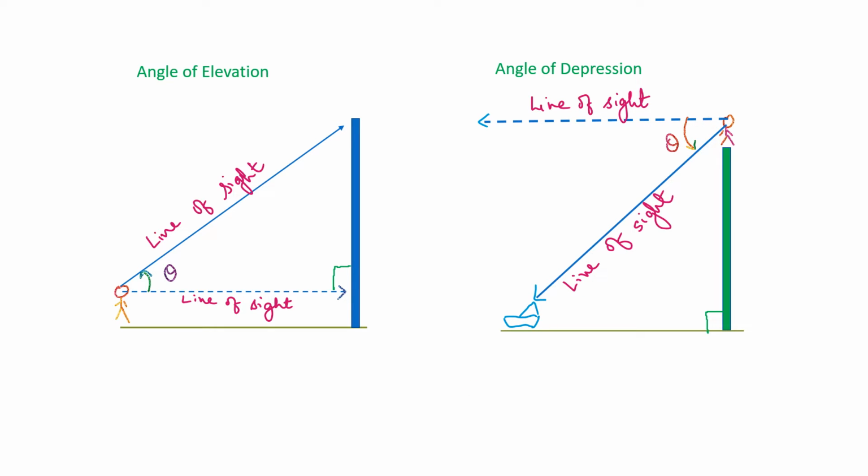And this angle of depression over here is also the same as the angle over here, because this original line of sight is parallel to the horizontal, and therefore these two angles become alternate interior angles. So your depression can now be shifted to this angle, and you can simply look at this triangle.